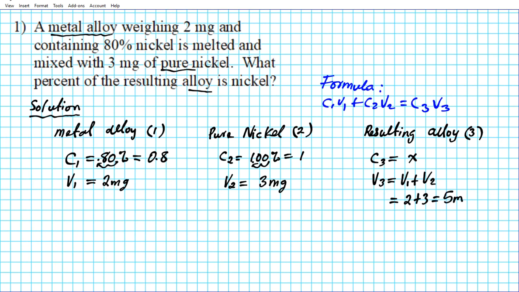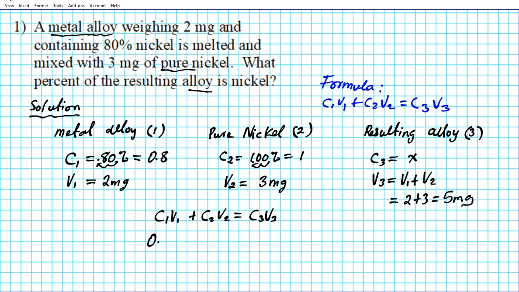So that's it. We have one equation, one unknown. Let's substitute everything into the formula C1V1 + C2V2 = C3V3.